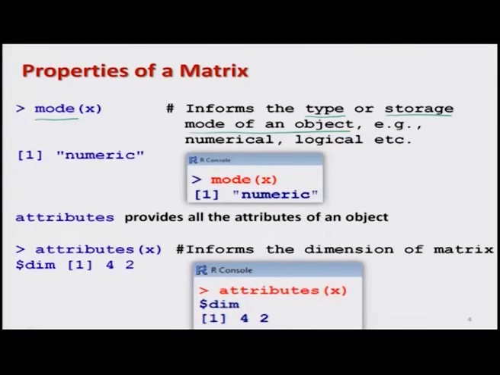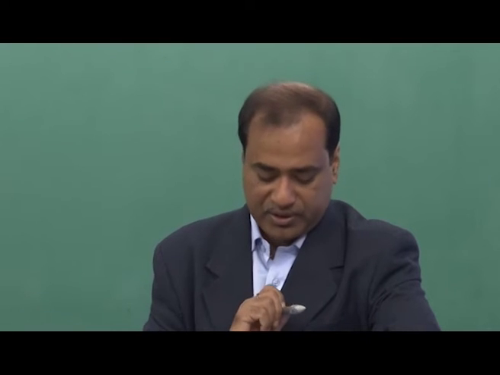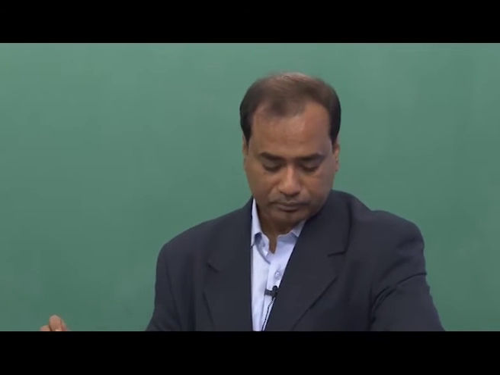Here, in our matrix X, this is a 4 by 2 matrix containing numbers from 1 to 8. So, this is a numerical value. As soon as I say mode, and inside the bracket I write the variable name that is containing the matrix, it gives me the answer numeric. That means all the values contained in the matrix are numeric, they have a numeric character.